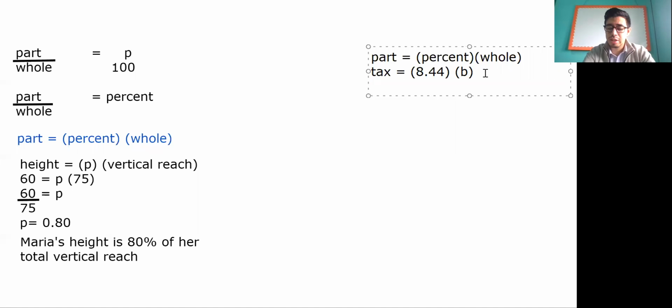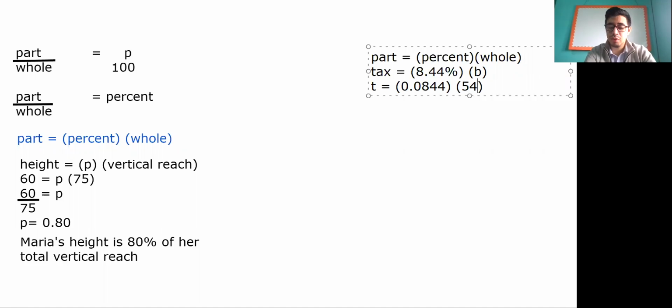So I'm going to replace again in here. But what happens with this 8.44%? You are going to divide this so you don't have a percent anymore. If you divide by 100, I'm going to have a decimal, right? So the variable t for the tax is equal to, when you divide 8.44% by 100, you obtain 0.0844. This is multiplied by b.